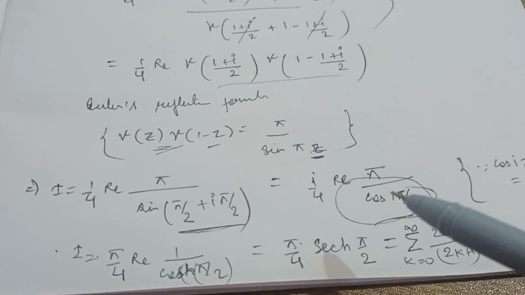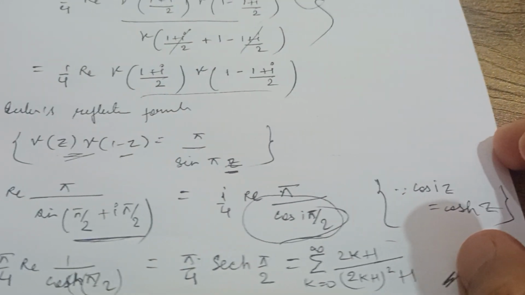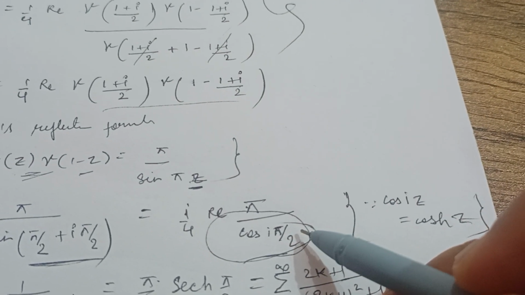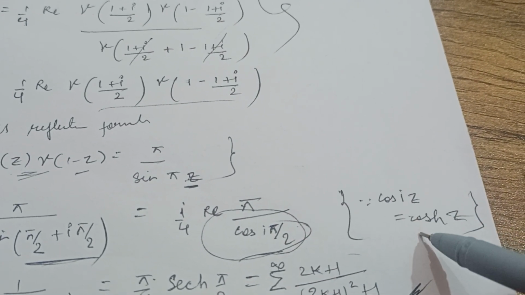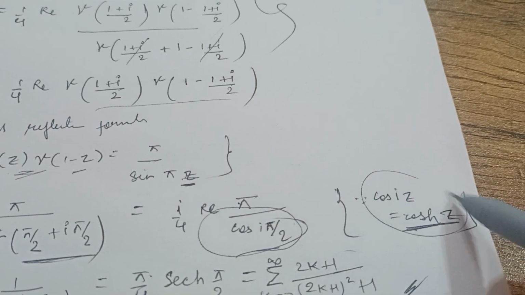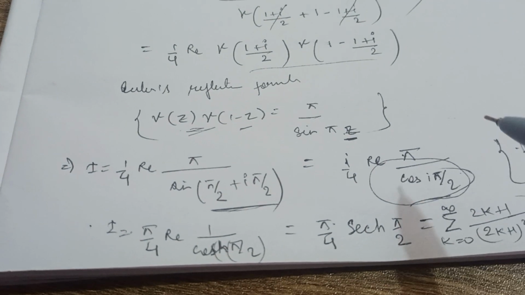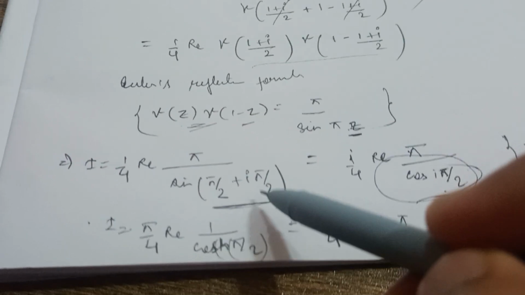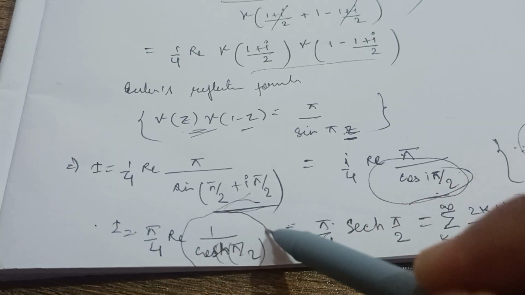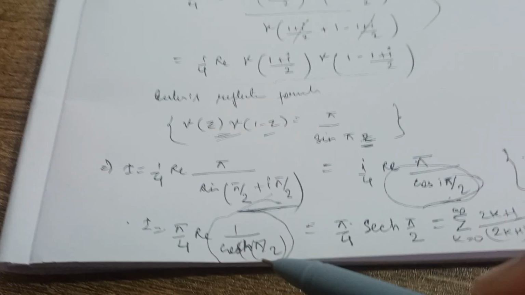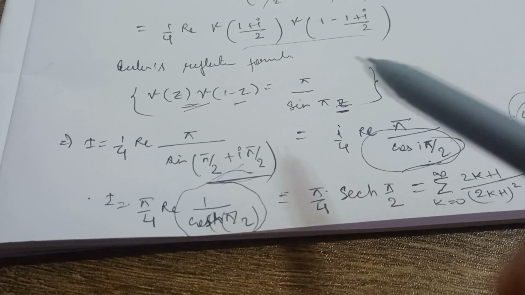Now I am going to use the hyperbolic function of cos, because we can write cos of iz equals cos hyperbolic z. This is another formula that I am using. So this can be written as cos hyperbolic of pi by 2, and now this whole is just a real number. There is no complex part in it because I removed the i using the hyperbolic formula.